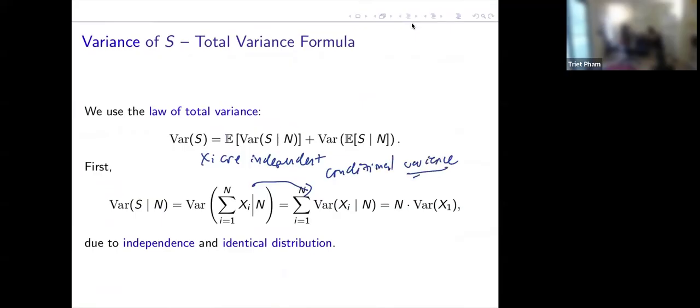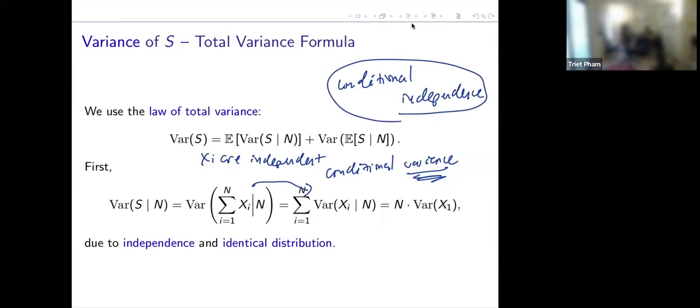Technically we're dealing with the idea of conditional independence here, which unfortunately I skipped in lecture 4 because we don't have time and we want to go on to Markov chains. But if you go back and look at the materials in lecture 4, I elaborate on how to work with conditional independence, and how it's not the same as independence.